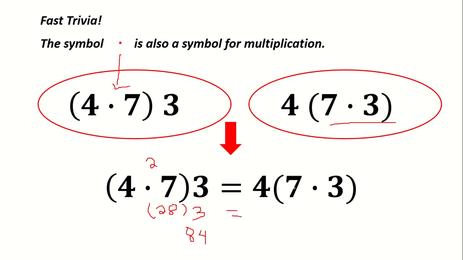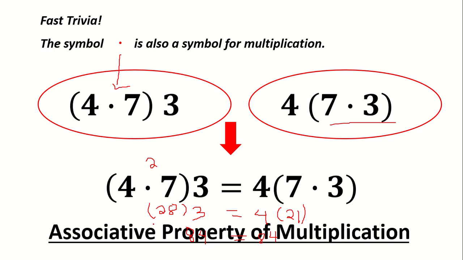Here, we multiply first 7 and 3. 7 times 3 is 21. But 21 times 4 is 84. And they're the same. That's why the associative property will apply to multiplication as well.